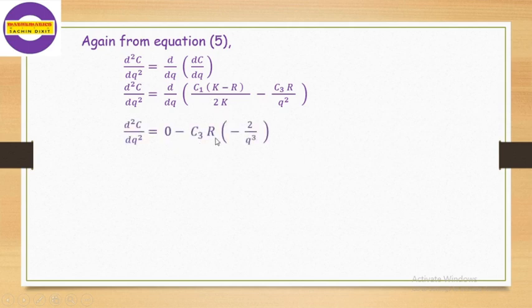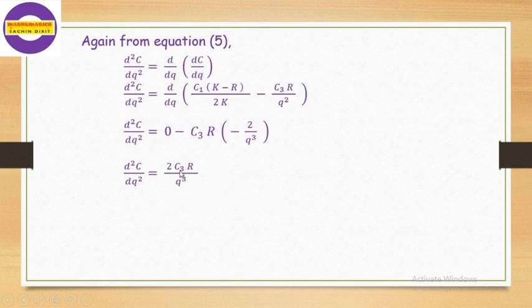C3R is constant as it is, with the negative sign we take it outside. Then the remaining term is 1 upon q square. Derivative of 1 upon q square is minus 2 upon q cube. Now minus minus becomes plus. Therefore d2C by dq square is equal to 2C3R upon q cube.